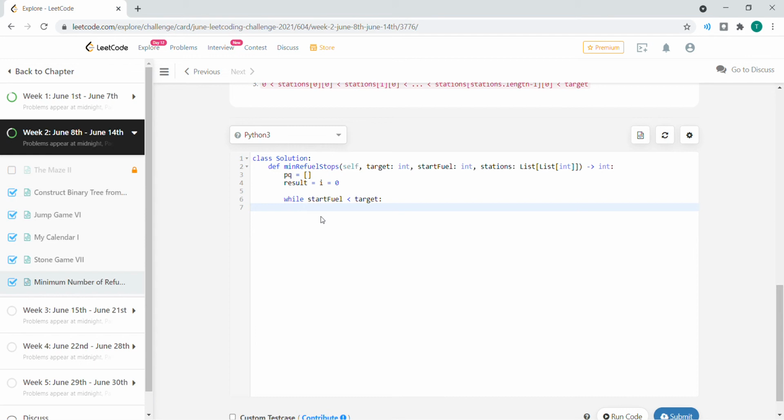We want to access the gas station while the index you're on is less than the length of the stations, because that means you haven't reached that station yet, and the station at index i is less than or equal to your starting fuel.